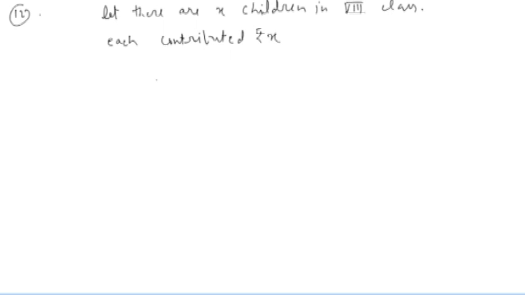So the total collection is 3025. x square is 3025.